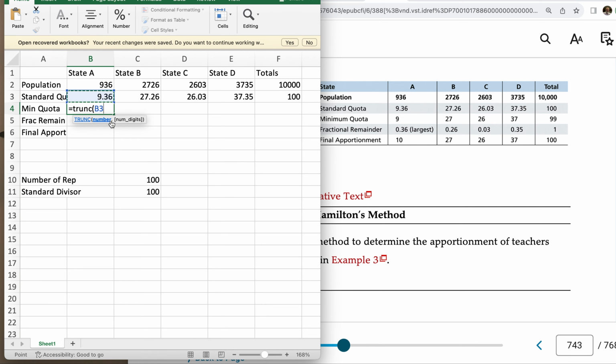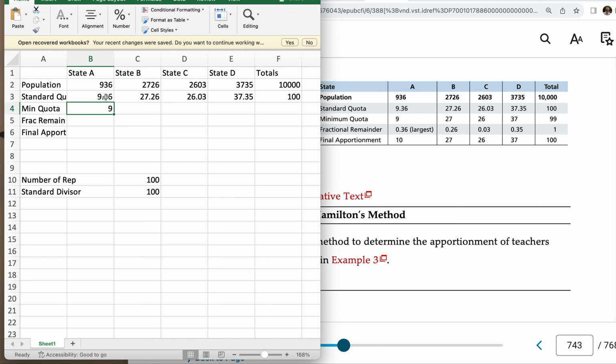So there's the number. Then I can put a comma, and then I can say, okay, I want to have 1 decimal place or 2 or 0, but it's in brackets, so it means that's optional. So I'm not going to do anything there. I'm just going to go parenthesis, and then it's going to go with no decimal places. And notice it threw away the decimal part.